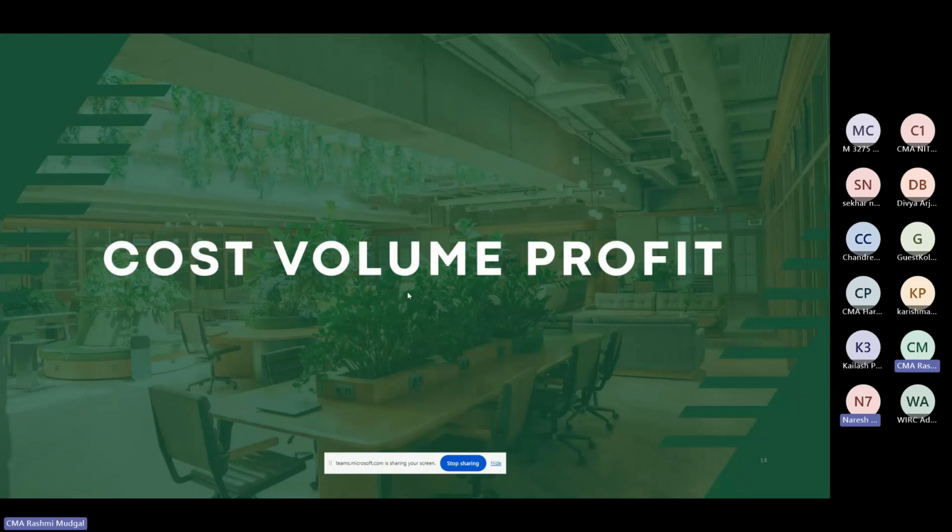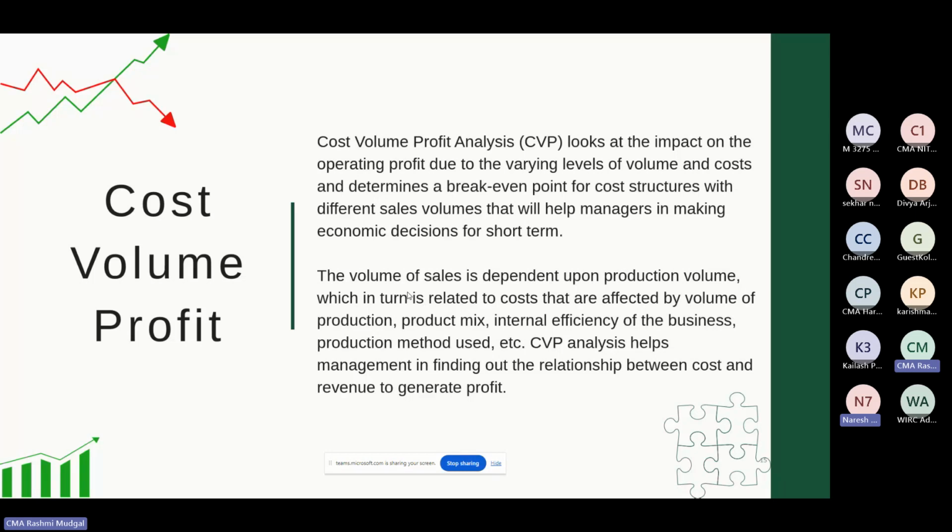But cost volume profit is what we make for budgeting, and we reach decisions with this method. What is the desired profit I want? What is the break-even point? These are the techniques we take care of in cost volume profit.